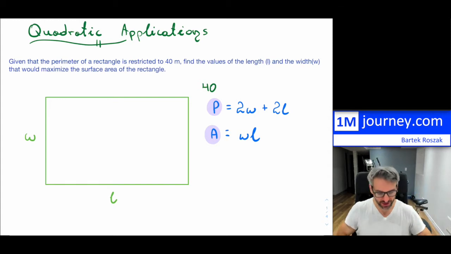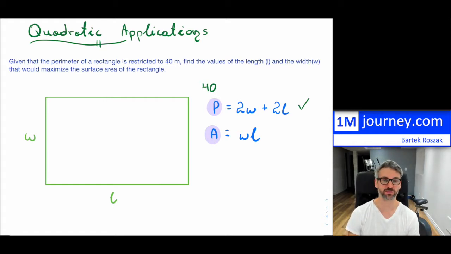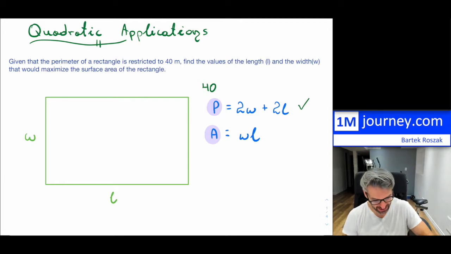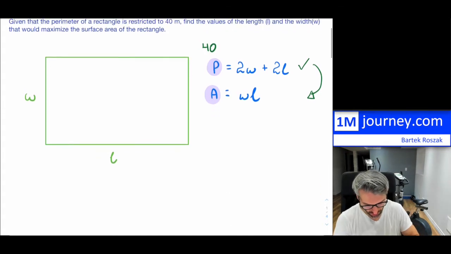What I'll do first is take this equation, because I know what the perimeter is, and I will isolate it. You can isolate it either for W or for L. It doesn't really matter. Once I isolate, I'm going to substitute it back into this equation, and it's going to get rid of one of the variables. So let's do that.